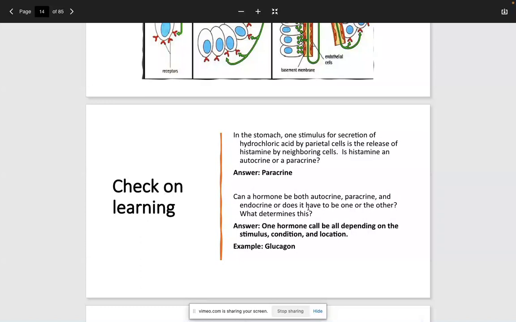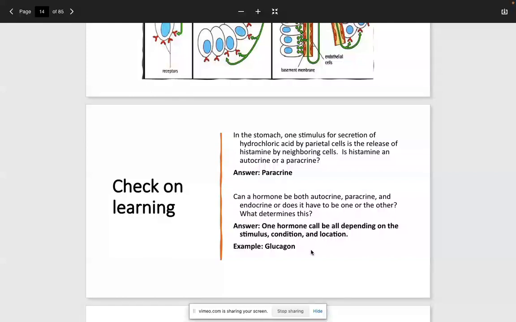Can a hormone be both autocrine, meaning affecting itself, paracrine, affecting neighboring cells, and endocrine, or does it have to be one or the other? This is actually a very good question. I wouldn't expect you guys to know this, but the answer is it can be all three. It just depends on the location that the hormone is acting, as well as the stimulus, what is causing it to be secreted, as well as the condition. A great example that I listed here is glucagon. Glucagon has many different effects depending on when it is occurring.